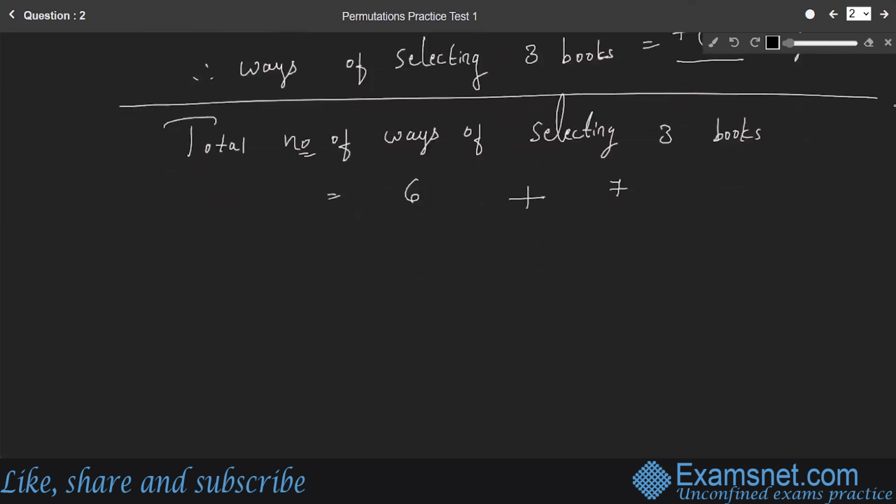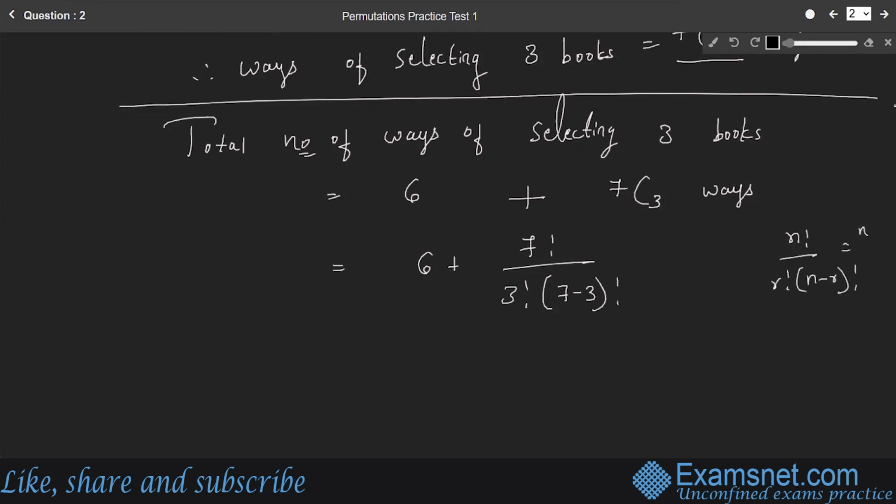So 6 plus 7C3, which means 7 factorial by 3 factorial into 7 minus 3 factorial. We are using n factorial by r factorial into n minus r factorial, which is equal to nCr.